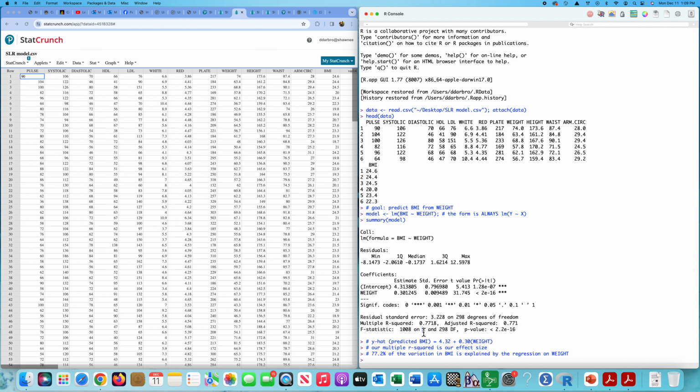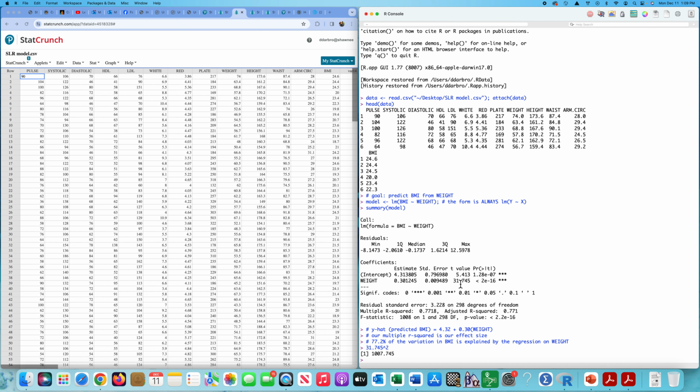Notice that the degrees of freedom are different because it's on the F distribution, not the T distribution. And the F test statistic, as it turns out, is nothing more than the 31.745 squared that we have as our t-value. So this t-value squared is our F statistic. And again, this is just redundant information in the simple linear regression case because we only have one predictor.